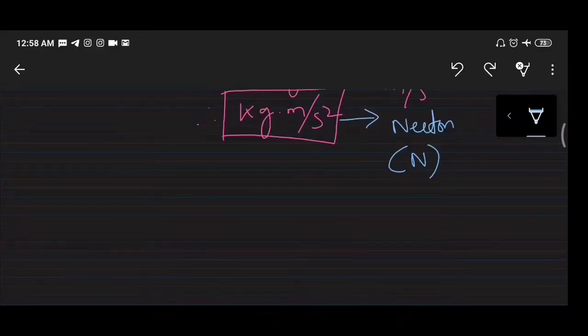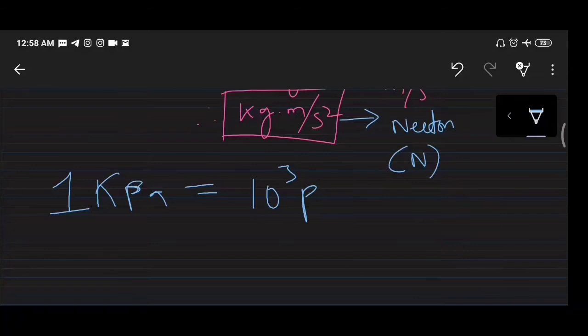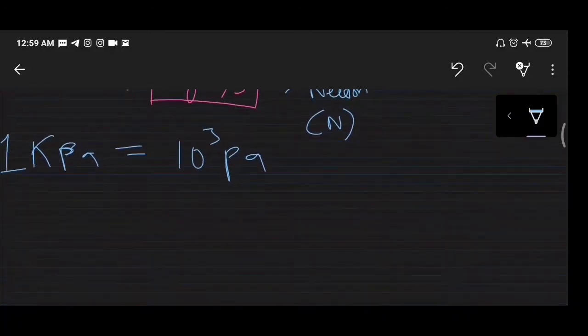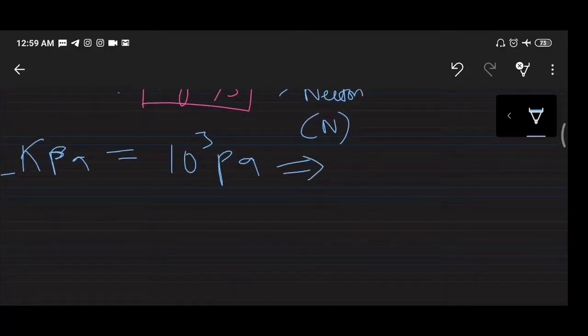Now we'll try to understand kilopascal, which is the unit of stress. Let's say 1 kilopascal equals 10 to the power of 3 Pascal, that is 10 to the power of 3 Newton per meter square.